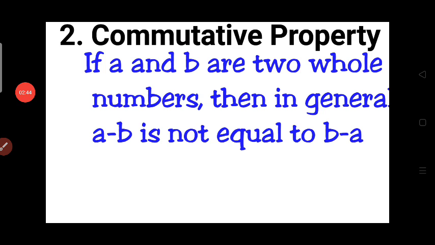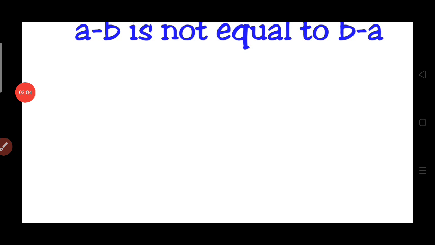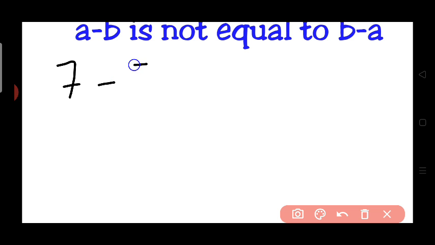Next one is commutative property. If a and b are two whole numbers, then in general a minus b is not equal to b minus a. Let's explain by example. Suppose we have 7 minus 5.